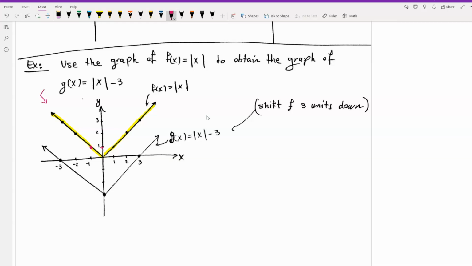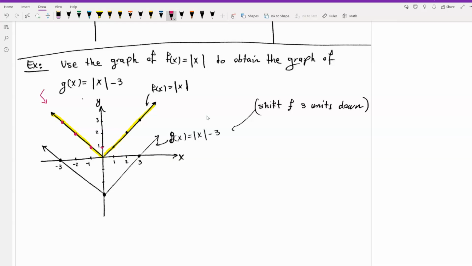Absolute value of negative 2 is positive 2, so we have negative 2 comma positive 2. And that is the same for negative 3. We have f of negative 3 equal to absolute value of negative 3, and that is positive 3. So this point is negative 3 comma positive 3.